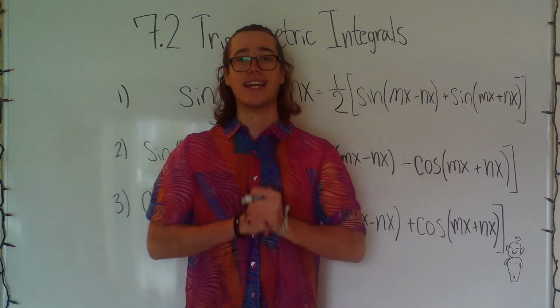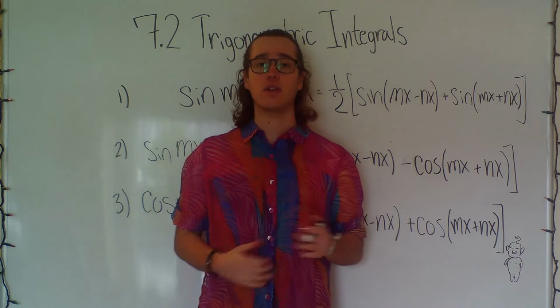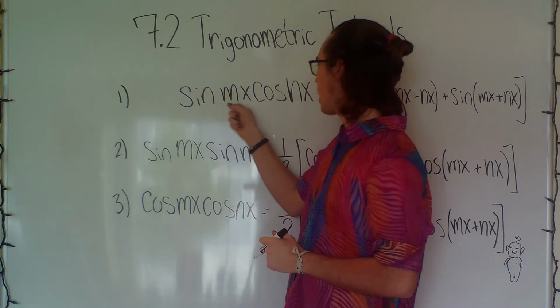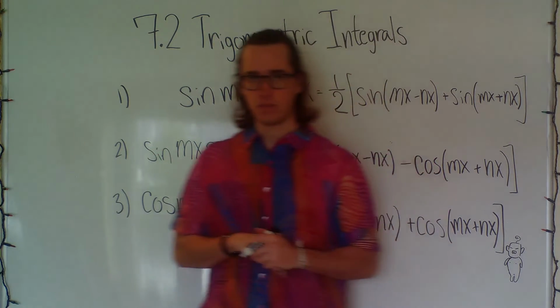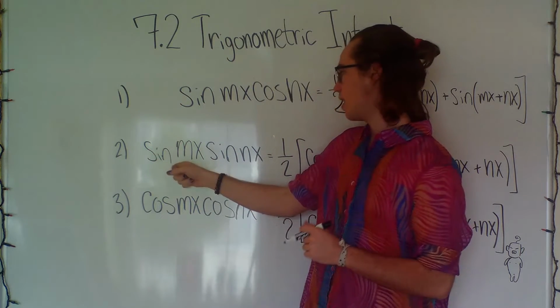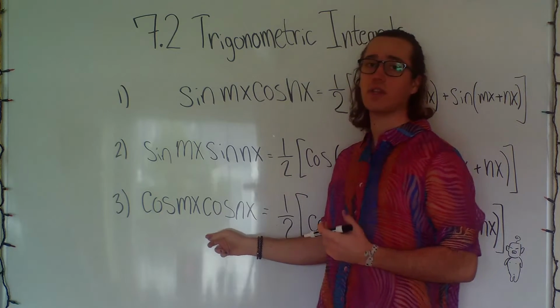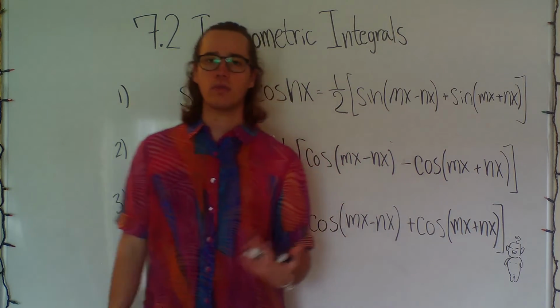We run into our last three identities for this video that we need to know, and we have, if we have sine mx times cosine nx, or sine mx times sine nx, or cosine mx times cosine nx, well, when would we even need these?